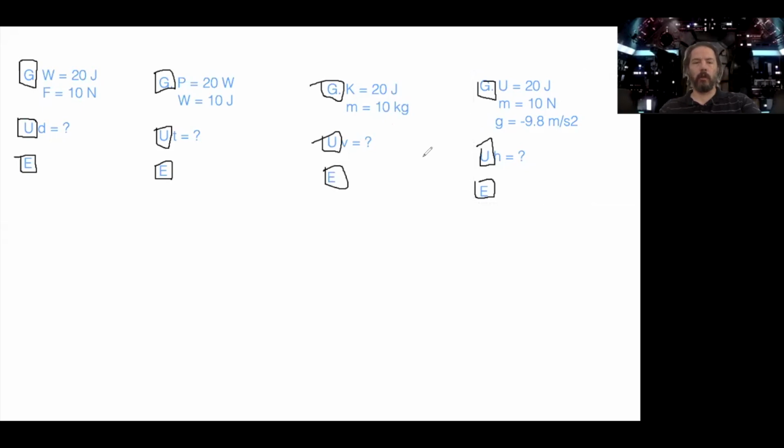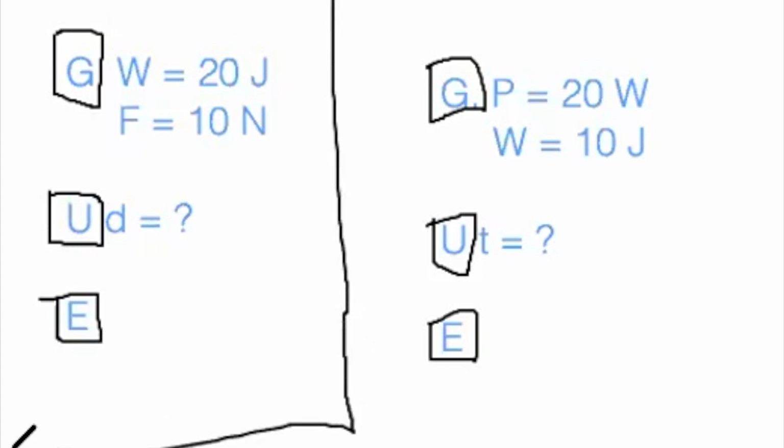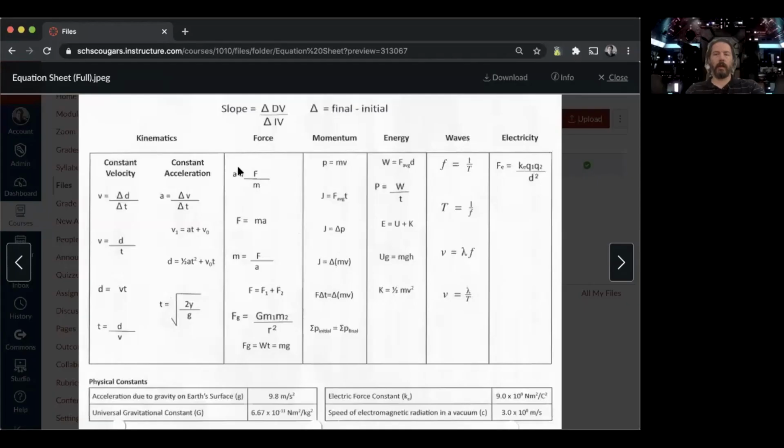What we're going to do is look through each one of these and go to our equation sheet and decide which equation we should be using. Okay, so let's do this first one right here, and let's just pick an equation. We're not going to actually solve it. We're just going to pick the equation. So I've got work, force, and distance. So I go to my equation sheet, and now I'm going to look at an equation that has force, work, and distance.